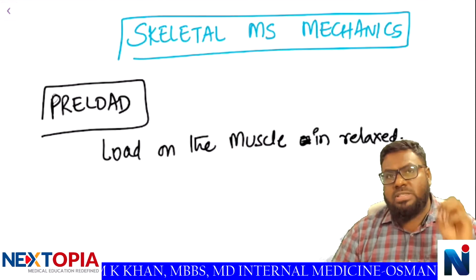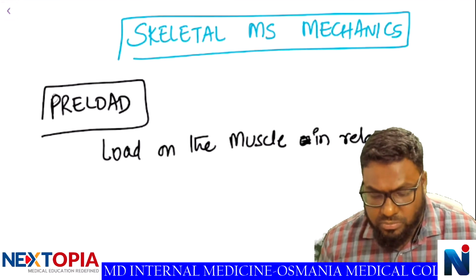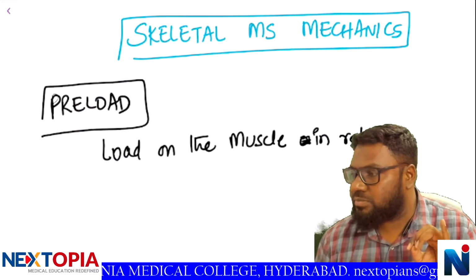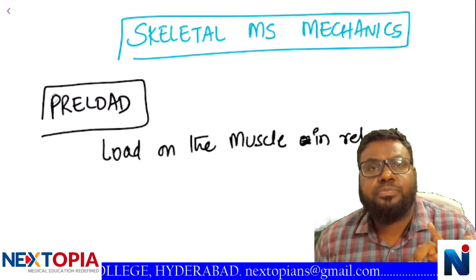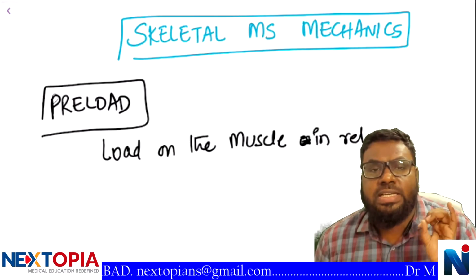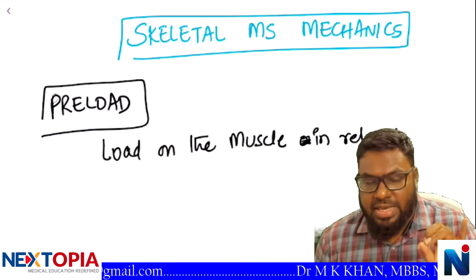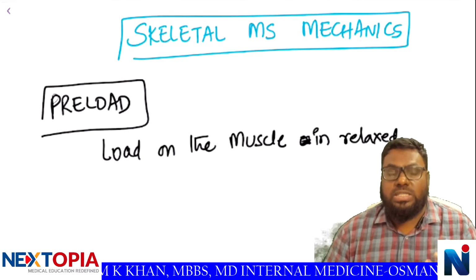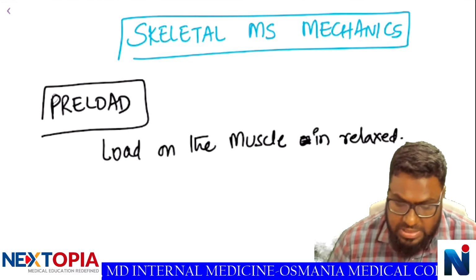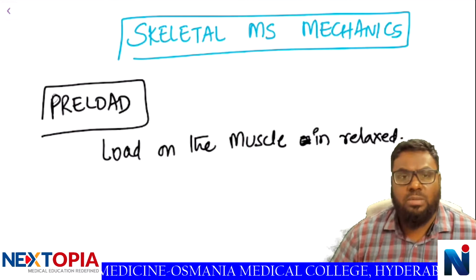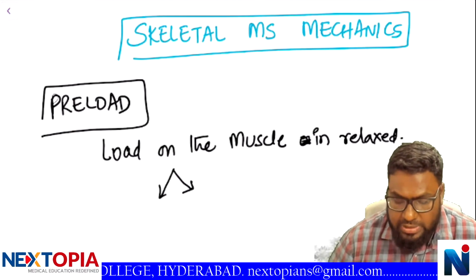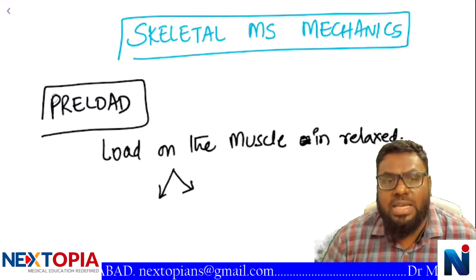Please remember, this concept is important to understand. First is cardiology, to understand cardiac mechanics. Second is to understand the tone of the muscle in neurology. In neuroanatomy or neurology, I shall be discussing this point again, but here I am giving you all the basics. So what are the two things that happen to the muscle whenever you apply preload?